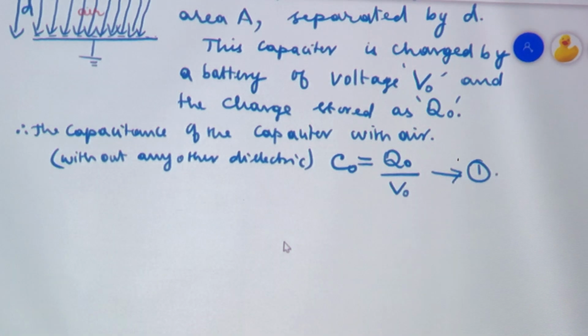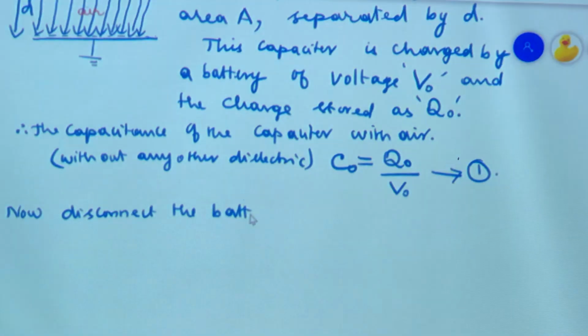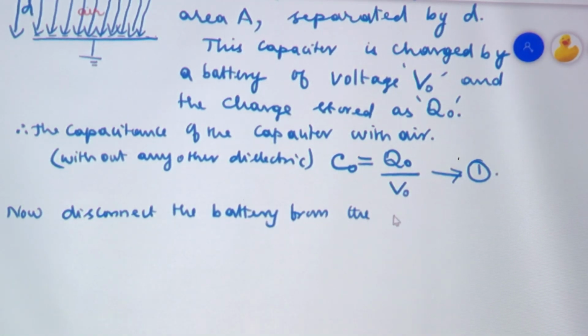Now, we will remove the battery, and after removing the battery, let us introduce a dielectric in between the two plates. So the next concept: disconnect the battery from the capacitor.